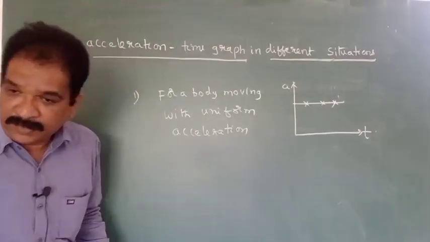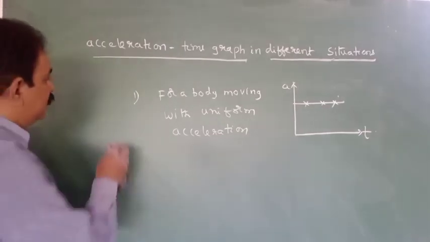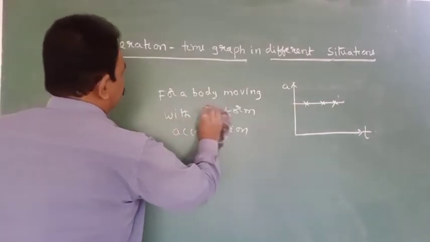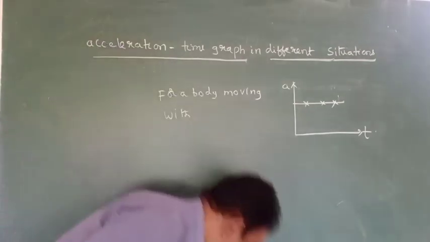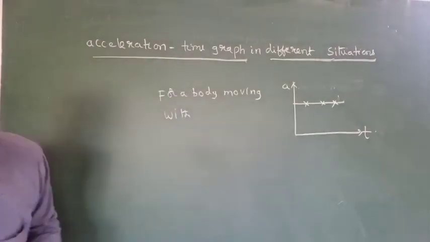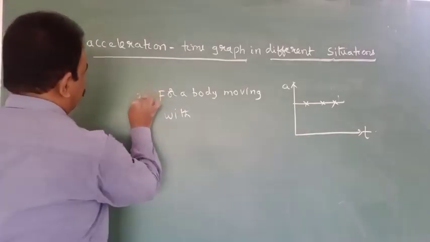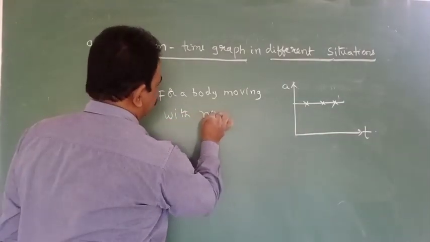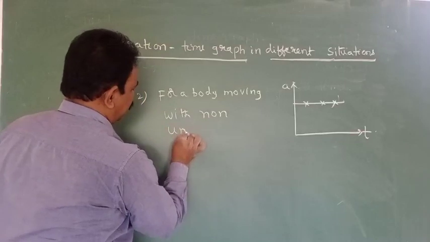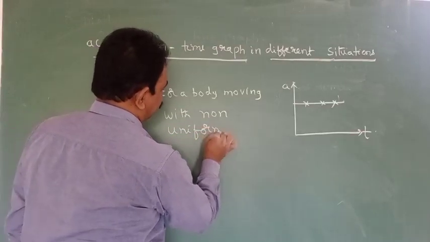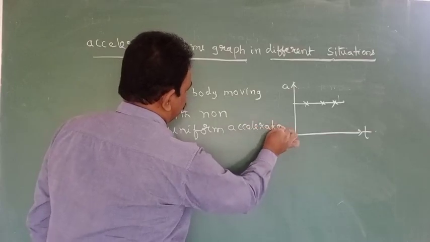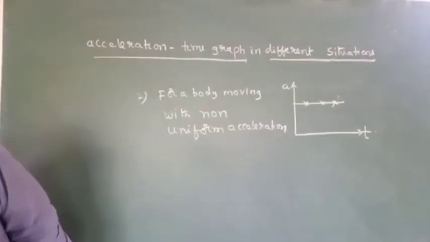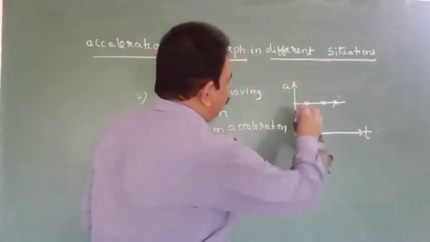Next, for a body moving with non-uniform acceleration, the shape of the graph will be like this.